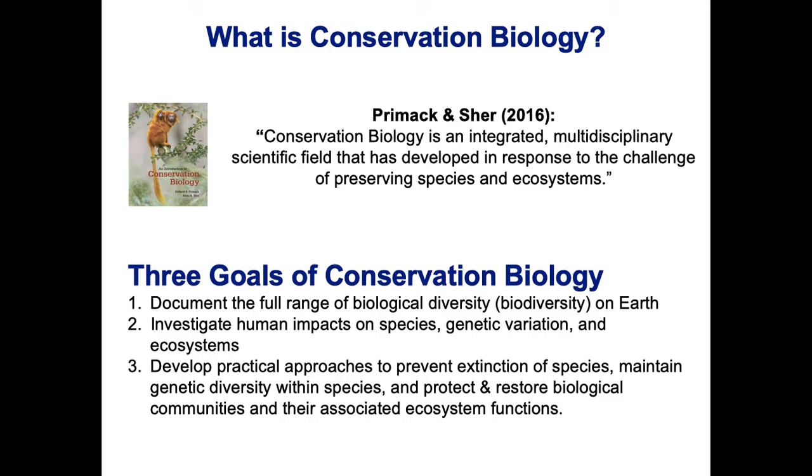So to maintain the diversity of species, maintain the diversity of genes, and to restore ecosystems and their functions. And the ecosystem function part has a lot to do with how ecosystems help society and help people. So things like mitigating floods, protecting us from hurricanes, pollination of our crops, all of these really important things that we get from having diverse species on our planet.